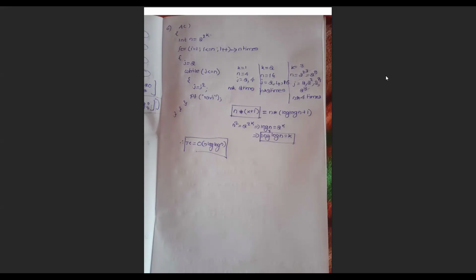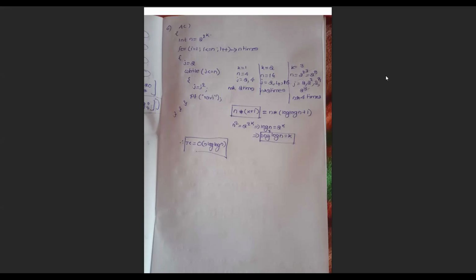Now j will run while j is less than or equal to 16, so j equal to j square. Whenever j equal to 2, j equal to j square. It means 2 square is 4. Now the j value will become 4. Next, again we check the condition. 4 less than or equal to 16. Yes, the condition is true. Now enter into the loop and j equal to j square.